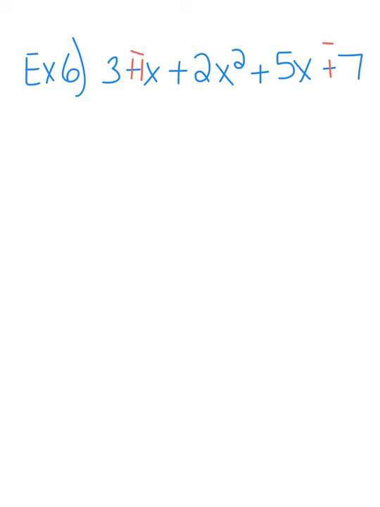Now that we have the whole problem changed to addition, we want to find all these like terms. So I'm going to start with the 3. Does anything else just a plain number? And yes, we have the 3 and the negative 7. And so if we add those together, we get a negative 4. And I like to kind of cancel them out, knowing I'm done with those. I've already combined them.